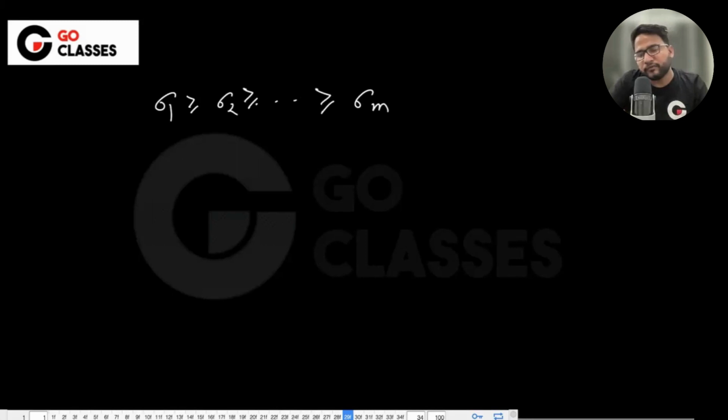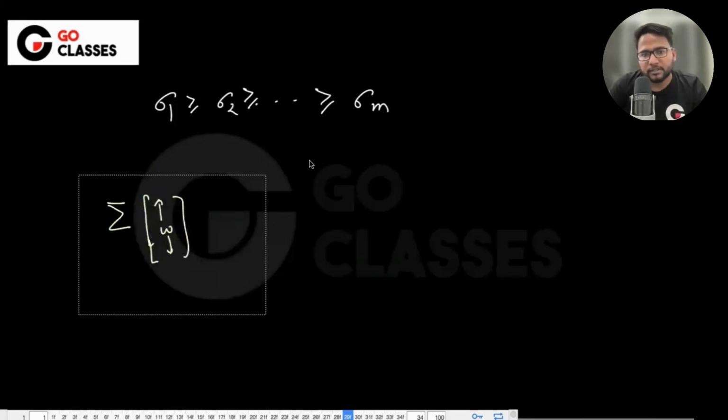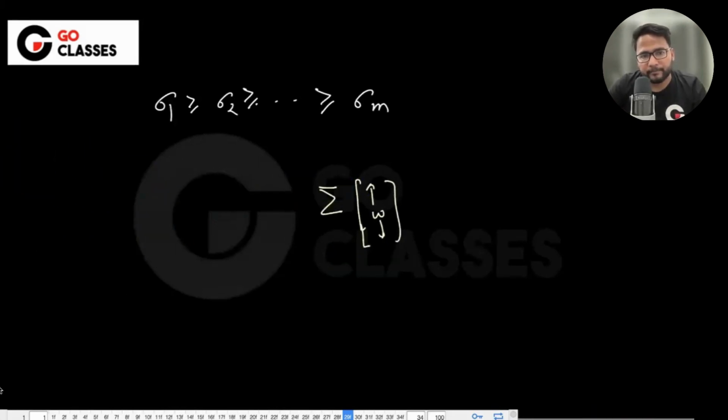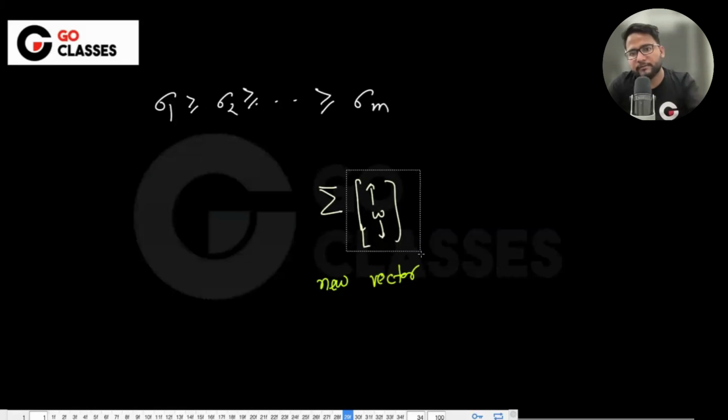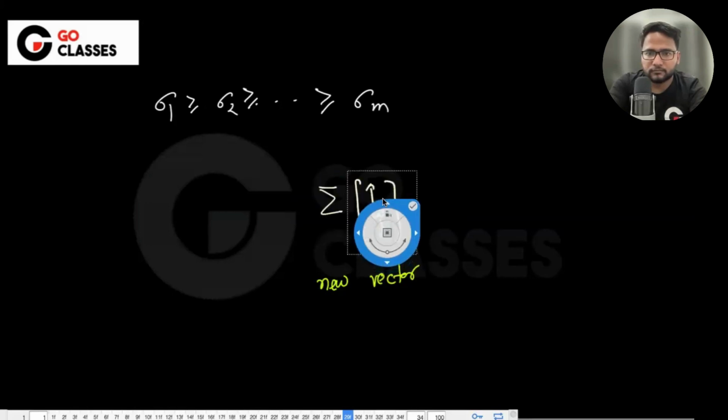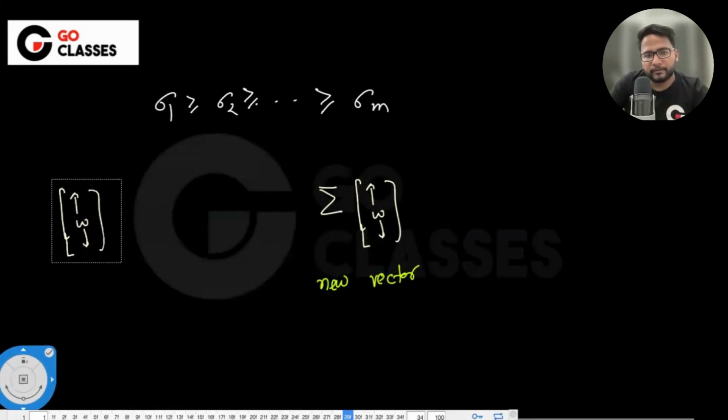So if I'm writing in that order, then can you tell me, if I multiply a matrix sigma with a vector w, then this is the new vector, right? This is the old vector.